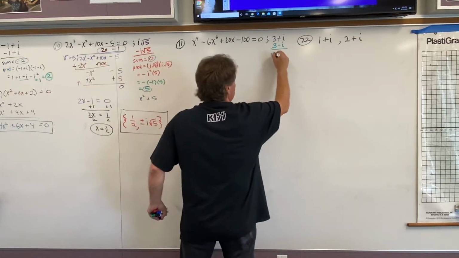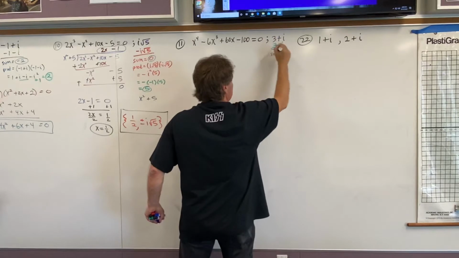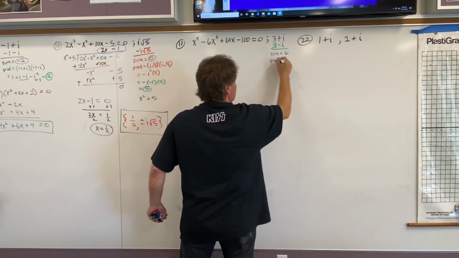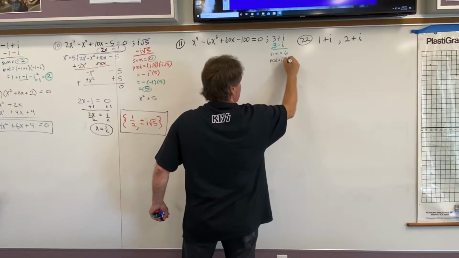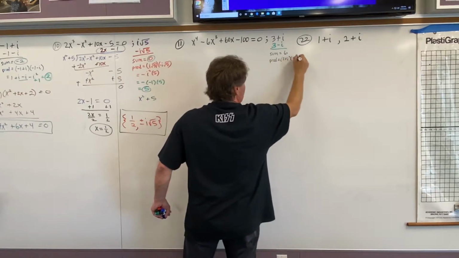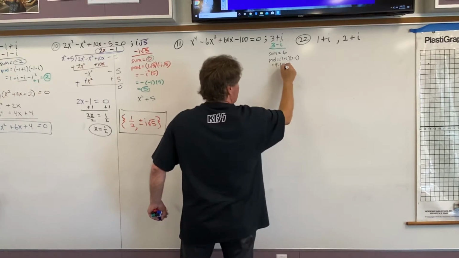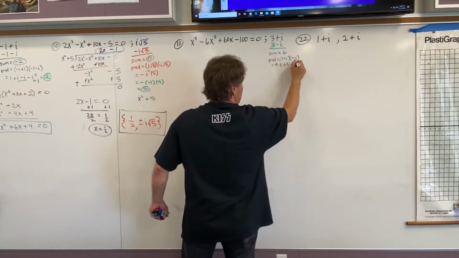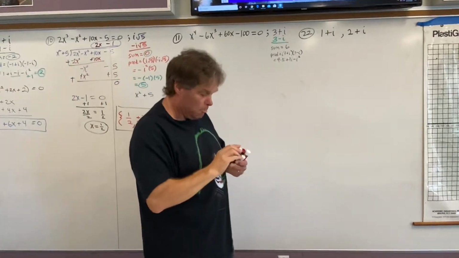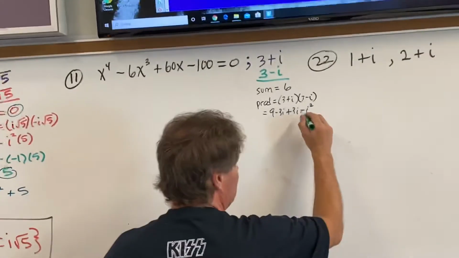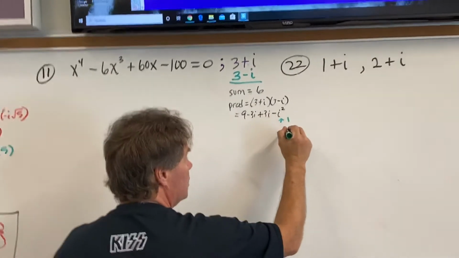Their sum is clearly 3 and 3 is 6, because these cancel. The product is (3 plus i)(3 minus i). That's going to be 9 minus 3i plus 3i minus i squared. But remember, minus i squared is like saying minus negative 1, which is a plus 1.